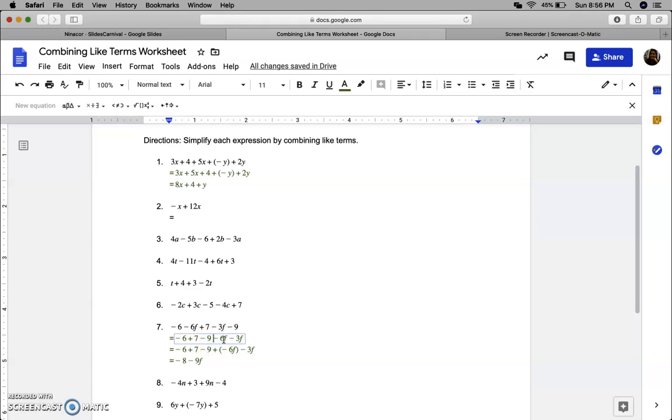It belongs to the 6. And the reason why it belongs to 6 is because of this line right here, because it's the same thing as plus -6f. So when it's written like this, it's really easy to see, oh, well, it's -6f minus 3f. And then you're just doing -8 plus -9f, which is the same as -8 minus 9f. Right. Hopefully that made sense.